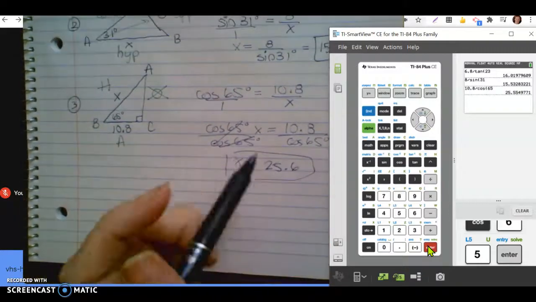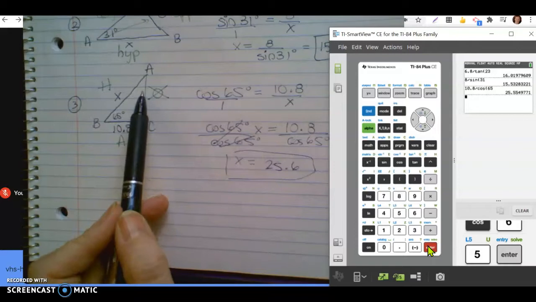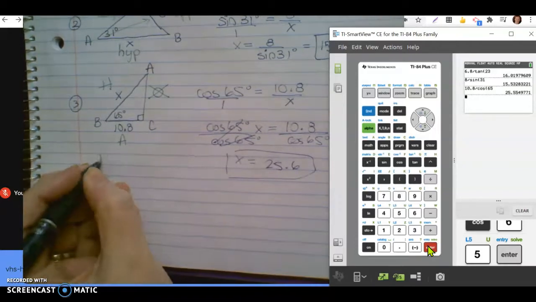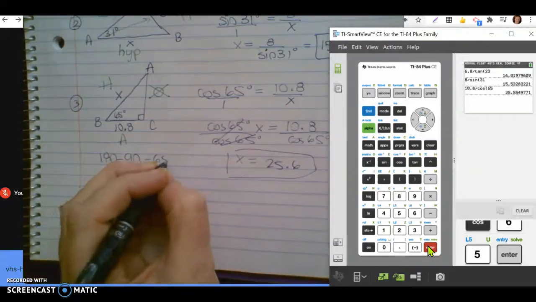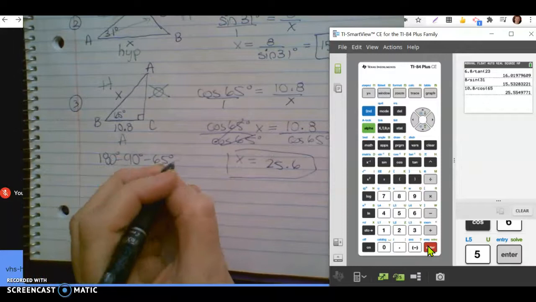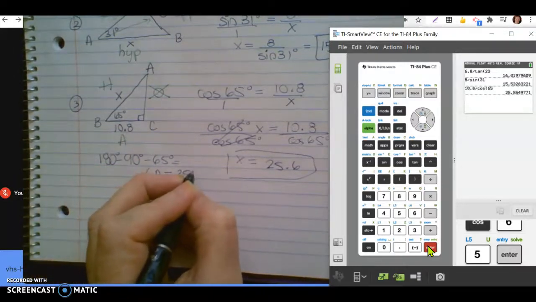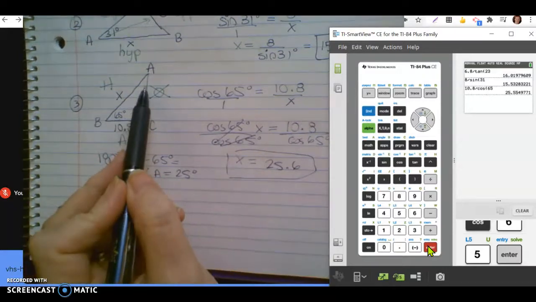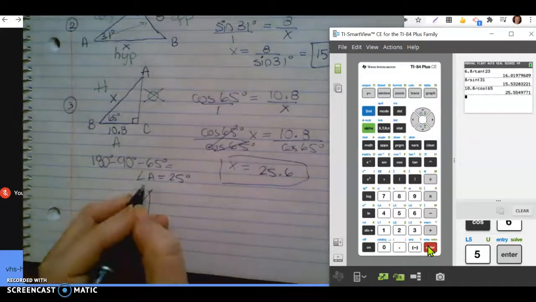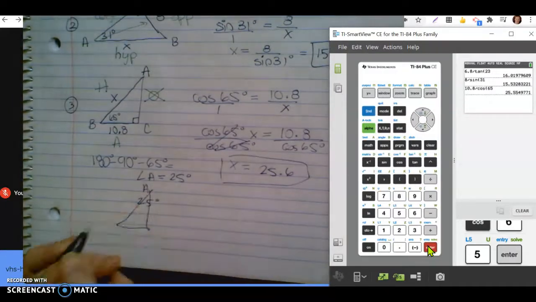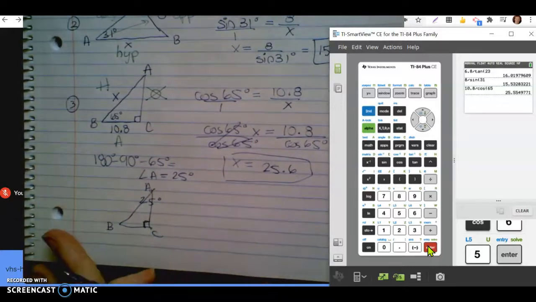So some things to think about. If you really don't want to use cosine, could I have figured out what this other angle is? Absolutely. I know that it's 180 degrees total. I could subtract out the right angle and subtract out that 65, and I could solve and say that angle A is equal to 25 degrees. So I could have used angle A, and the thing to think about is that the placement of opposite and adjacent is dependent on the angle, okay?